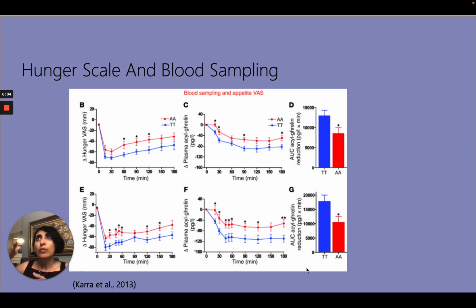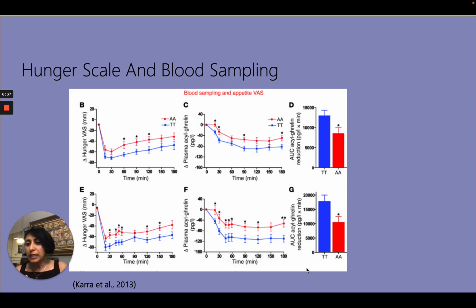So when they fasted overnight and in the morning they were hungry, so their ghrelin levels are naturally high. So when they eat, you expect the ghrelin levels to go down. Well, in the TT group, that's exactly what happened, but for the same number of calories, the AA subjects' ghrelin levels continued to be high, and they felt hungrier after the meal.